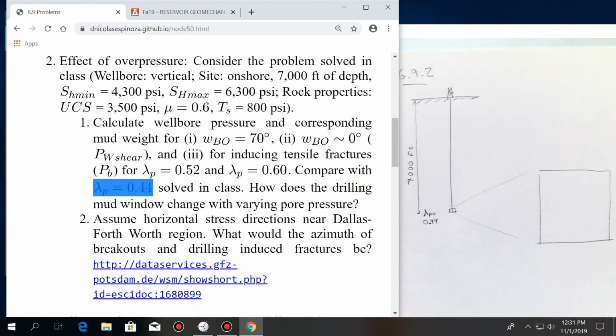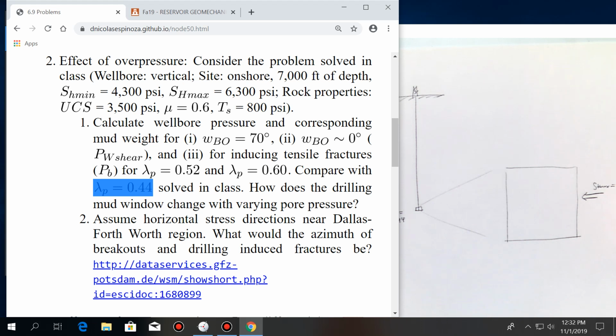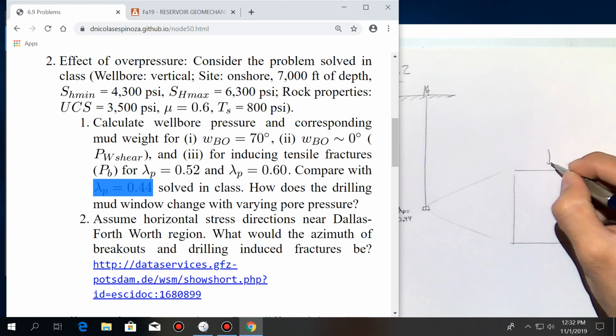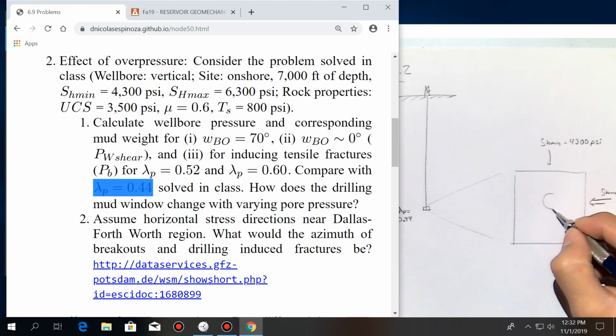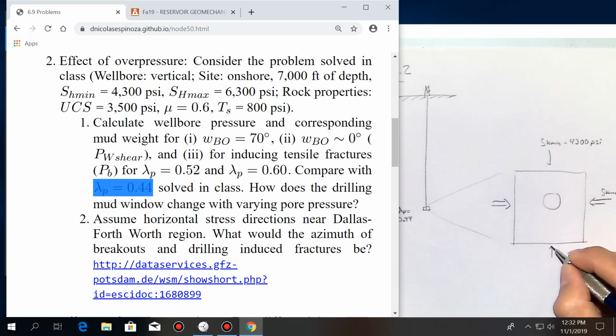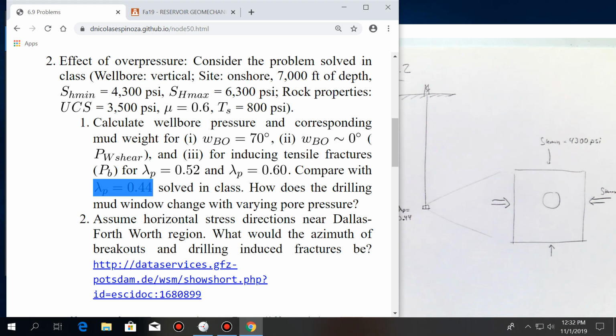what this is telling me is that I have sigma h max of 6,300 psi and sh min of, where is sh min? 4,300 psi. All right, guys. For double extra points, because I'm rewarding that you made it to this class even after Halloween party.